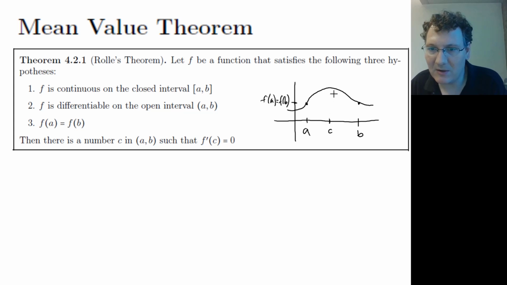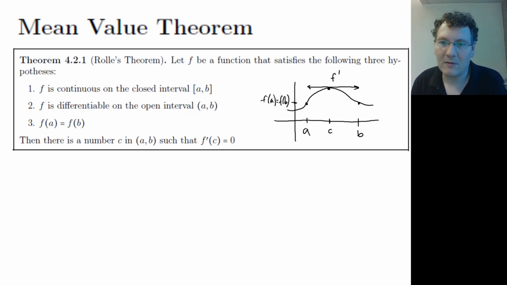It turns out it's going to be about here, where the slope of the tangent line, or the derivative, is equal to 0. There's no way around that.